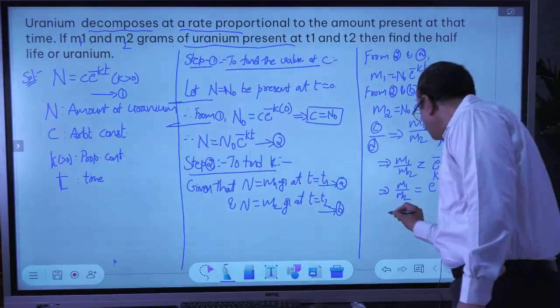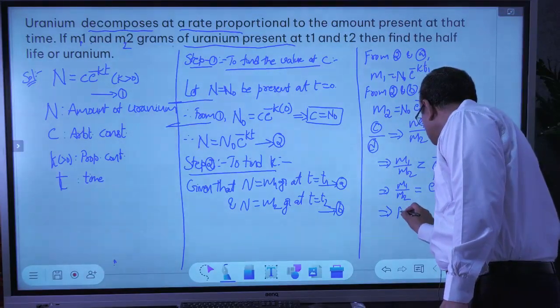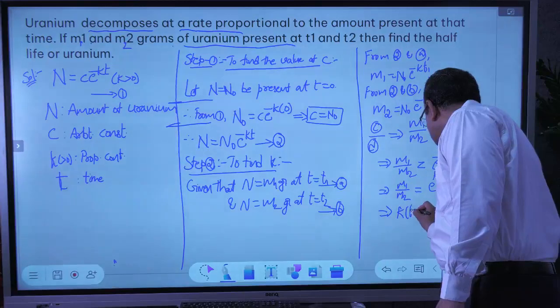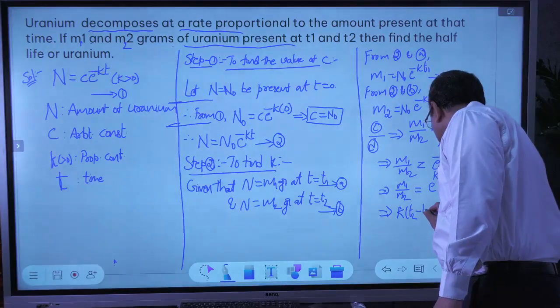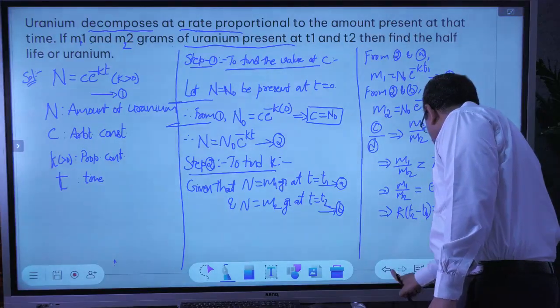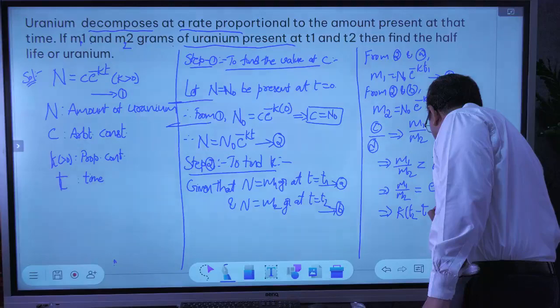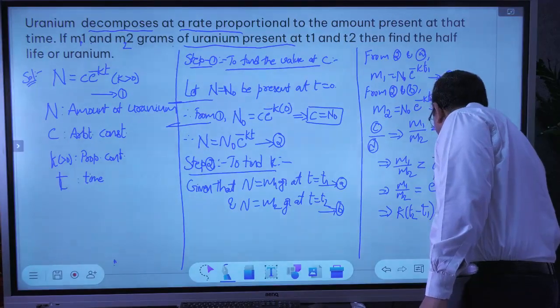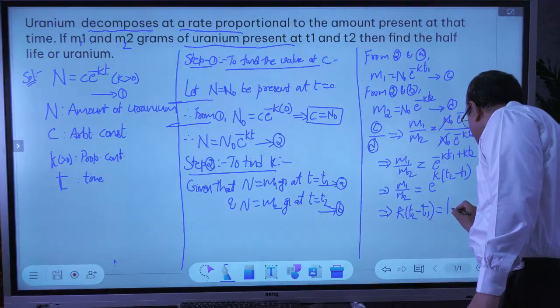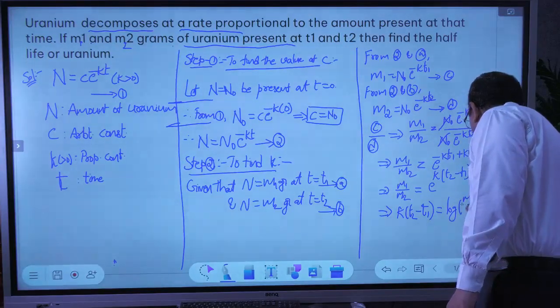Okay, simply now if we simplify this, k into t2 minus t1 is equal to log of m1 by m2.